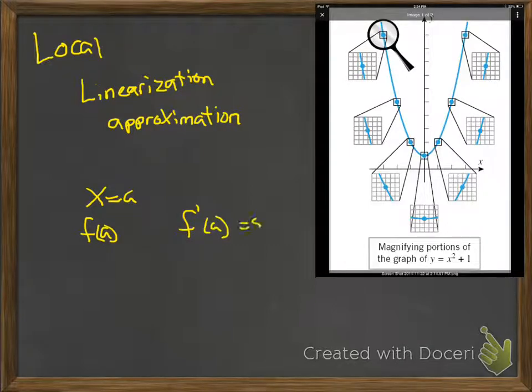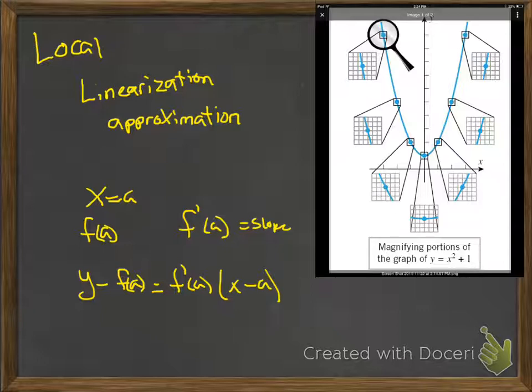That would be the slope of our tangent line. And then we'd put it all together with y minus f of a equals f prime of a times x minus a. And so that's just the equation of a tangent line in point slope form.